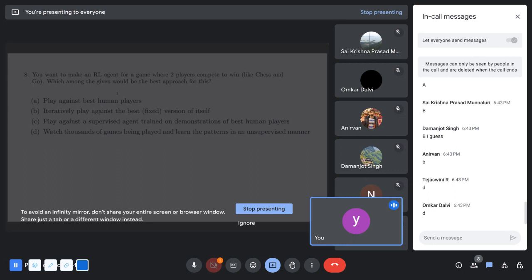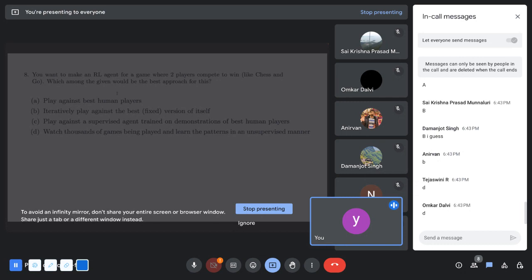So you can see, option A, play against best human players. If you choose that option, your model can get as good as the best human player, right? It can learn to mimic the best human player.